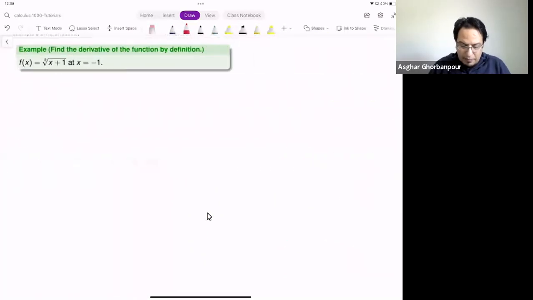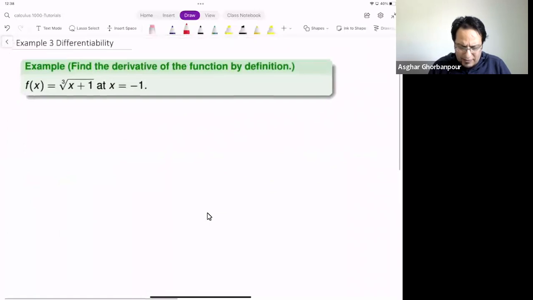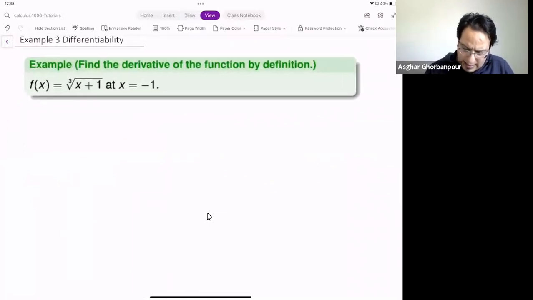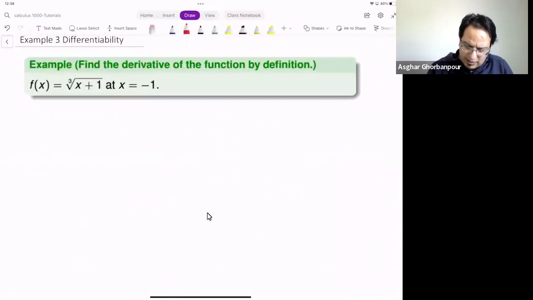Let's do some examples. We did an example last time, I believe, but this is a different format of example. We are trying to find the derivative of this function at the point -1. You should remember the form of this question.